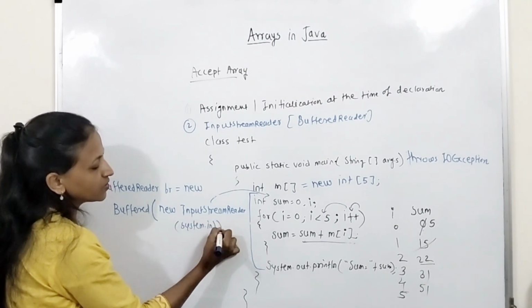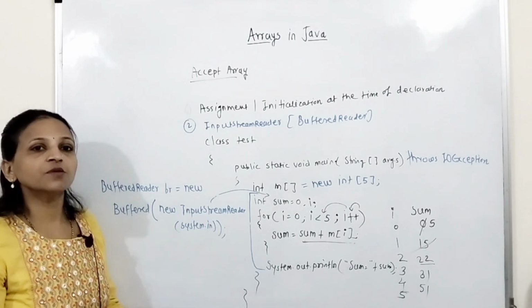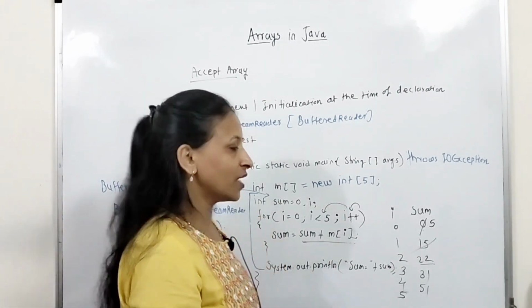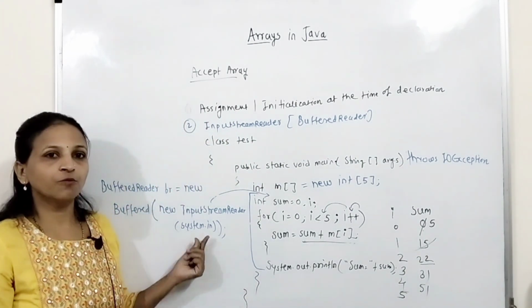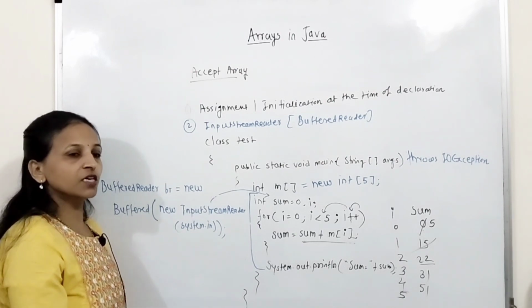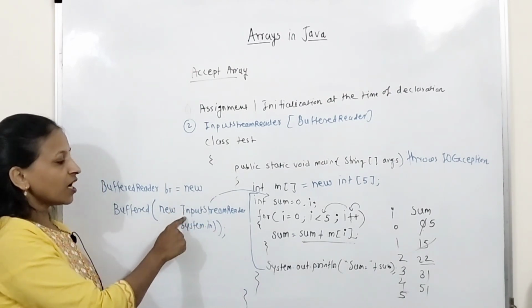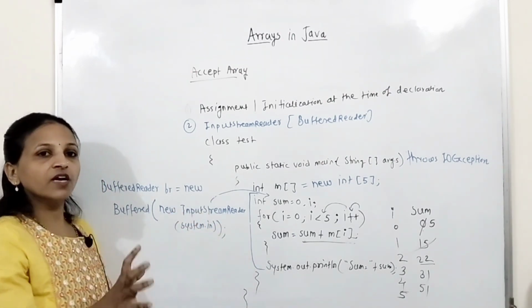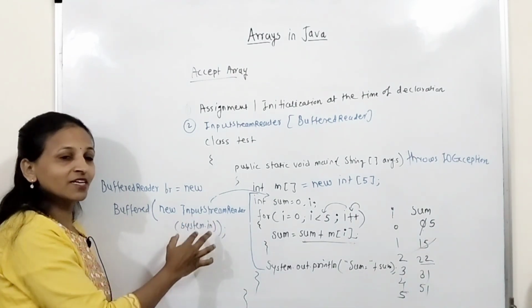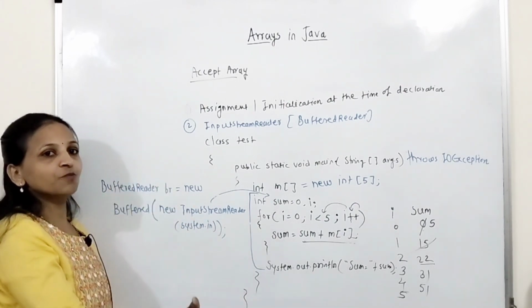This System.in is an inbuilt stream object that represents the keyboard. If you want to fetch something from the keyboard, whatever you are typing on the keyboard will be fetched, and for that one input stream object will be created by fetching that input.